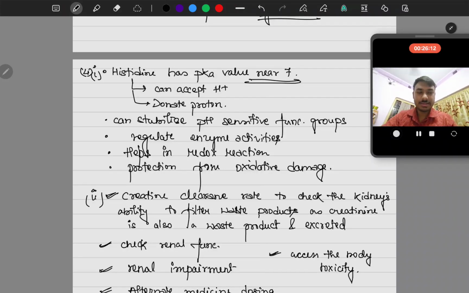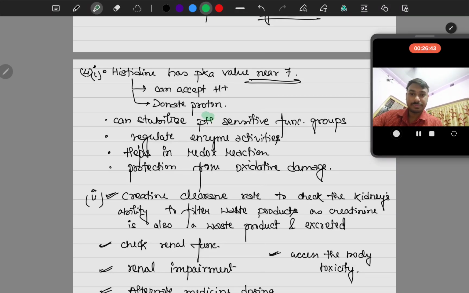Near 7 means it is neutral in nature, and if it is neutral, then it can both accept H plus and donate H plus, means proton accept and donate, and this property can stabilize the pH sensitive functional groups. If pH sensitive functional groups are not saved in harsh pH conditions, the action will not occur. So it can stabilize the pH sensitive functional groups. It can accept H plus, it can donate proton.